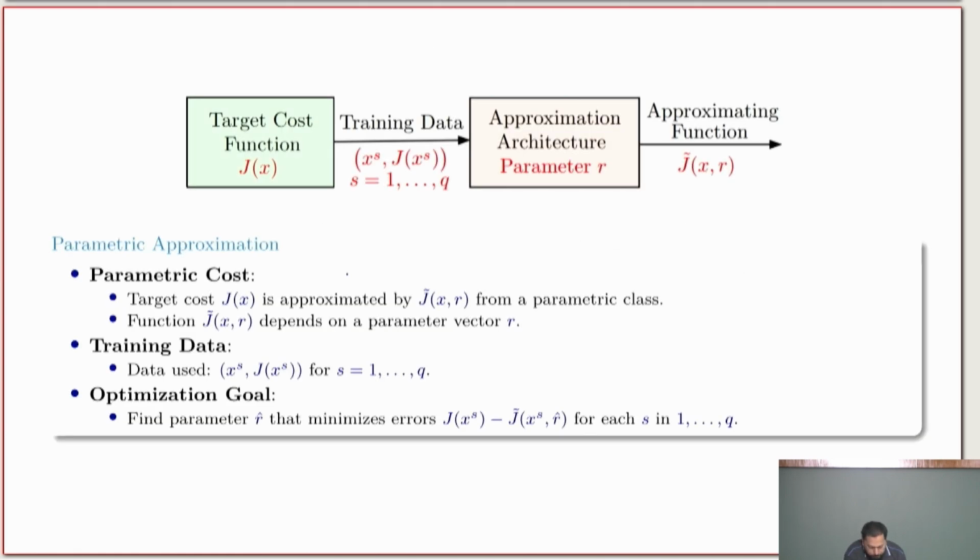So let us see parametric cost approximation first. In the cost approximation, basically we want to approximate the cost, but we want to do a parametric approximation of the cost.